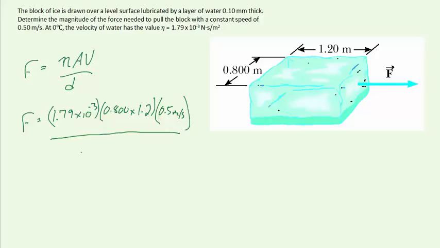And if we convert this to meters, we see it will be equal to 0.1 times 10 to the negative third. And if we calculate this out, we see that the force needed to slide the block of ice will be equal to 8.6 newtons.